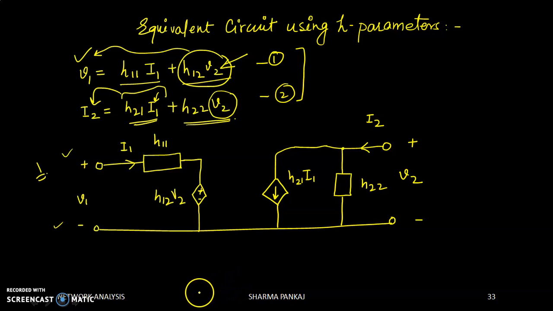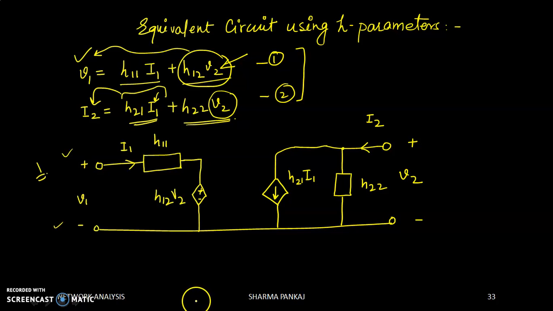This is your complete equivalent circuit using H parameter. Whenever we have drawn the equivalent circuit using the parameter equations, except ABCD parameter and A dash, B dash, C dash, D dash parameter, that is transmission parameter and inverse transmission parameter, it was not possible.